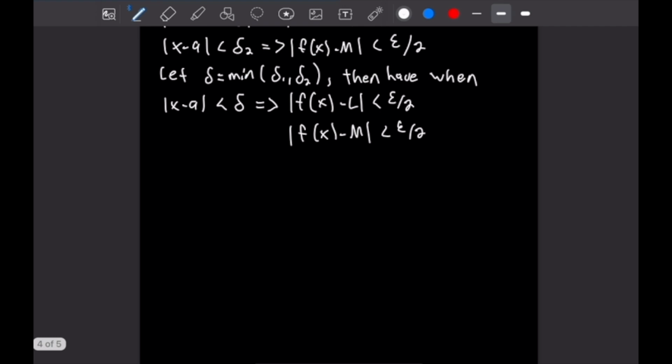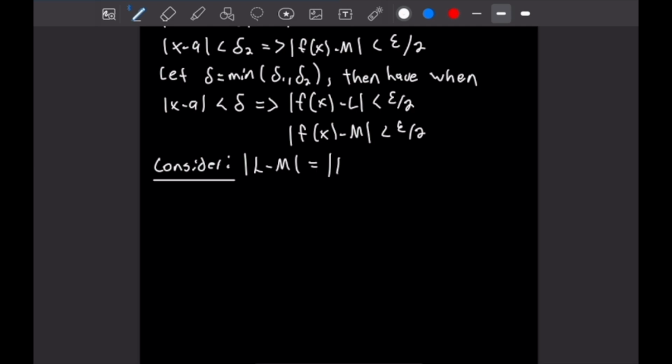And so now we have all the tools we need to complete this proof, believe it or not. So from here we want to consider the absolute value of L minus M. And we want to show that this is 0, but we're going to show that it's 0 by showing that it is strictly less than an arbitrarily small epsilon. So from here we are just going to subtract f of x and add f of x on the inside of this absolute value.